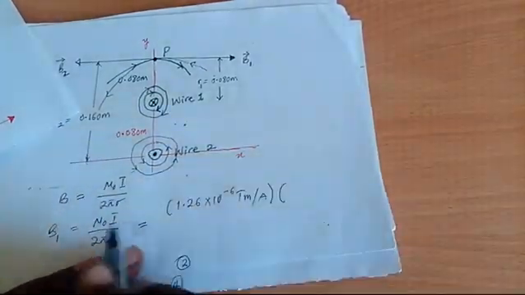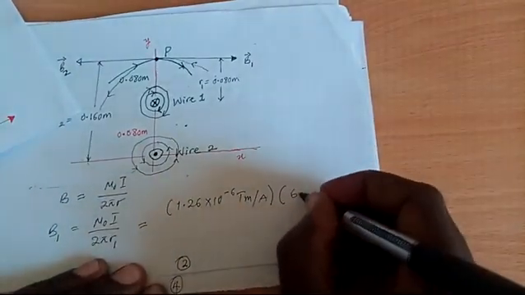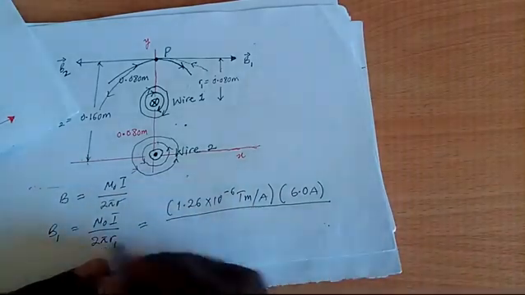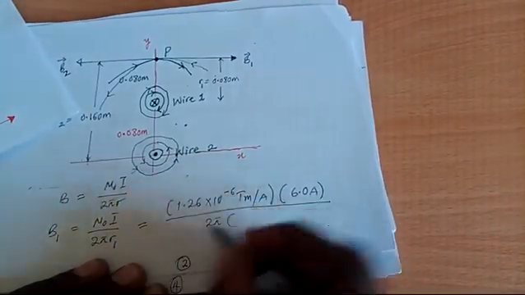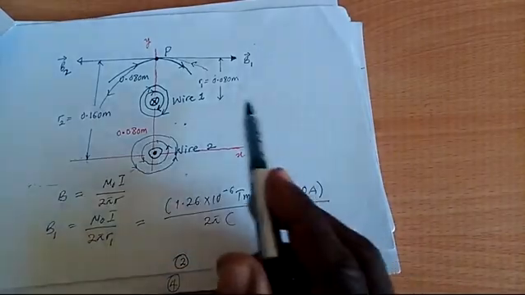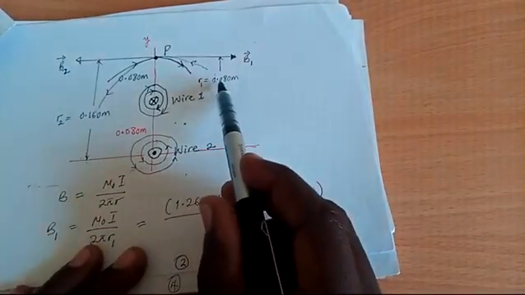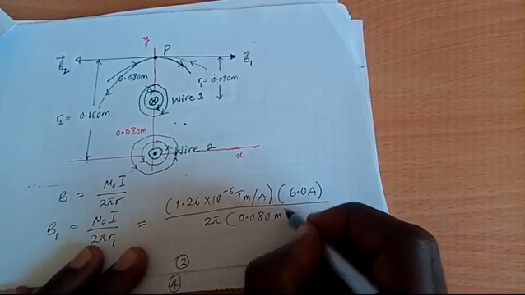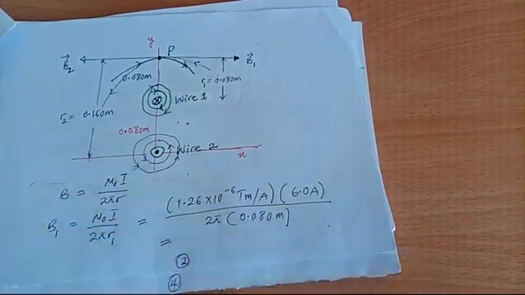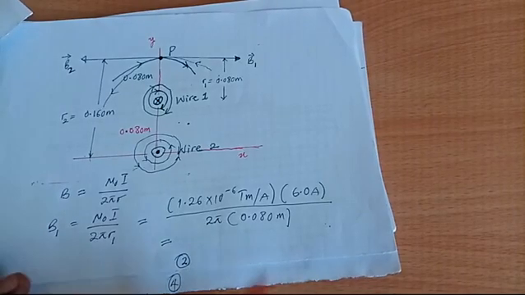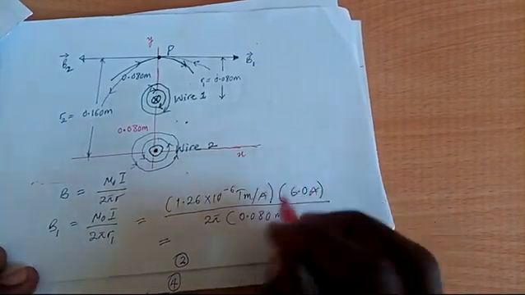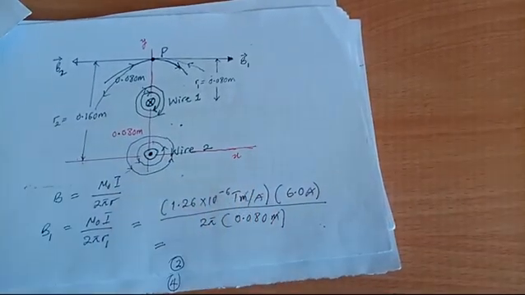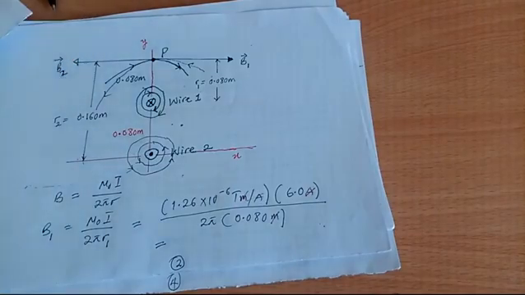Then our current is 6.0 ampere, divided by 2 pi, a constant, and then R1, which is 0.080 meters. Per ampere cancels the ampere, and meter cancels meter, so we get our magnetic field in Tesla, the SI unit of magnetic field.